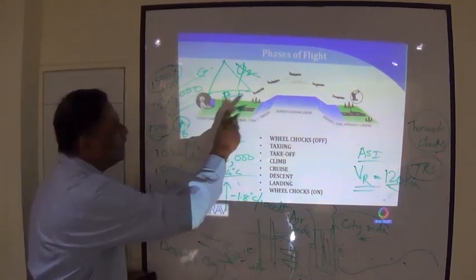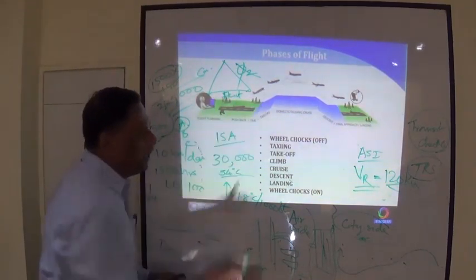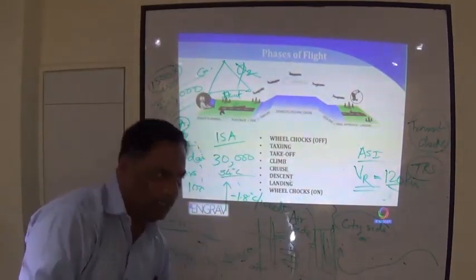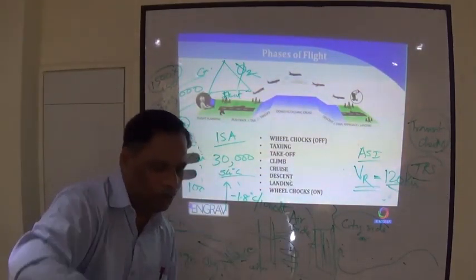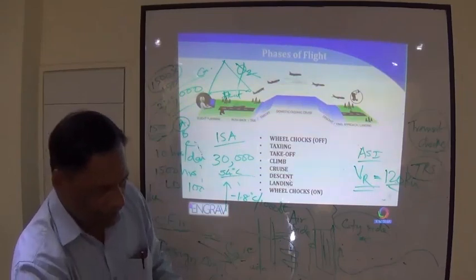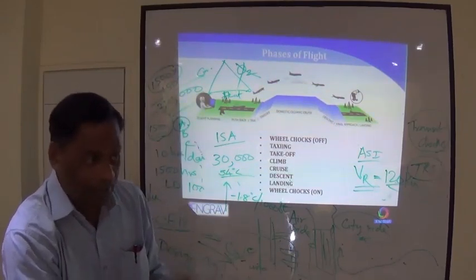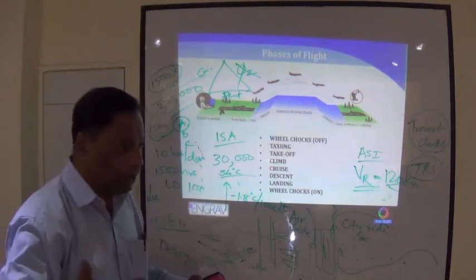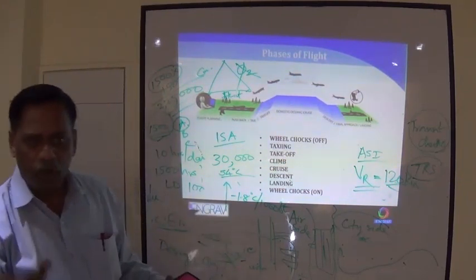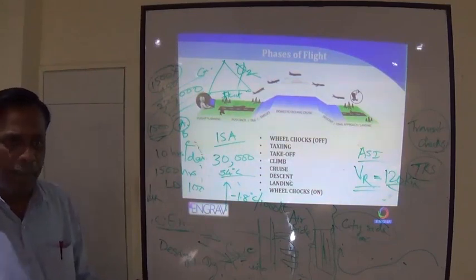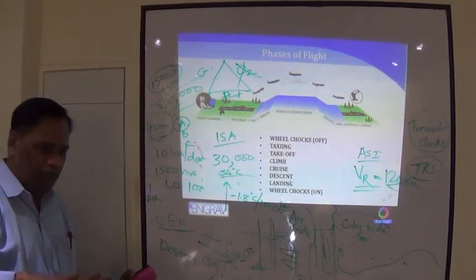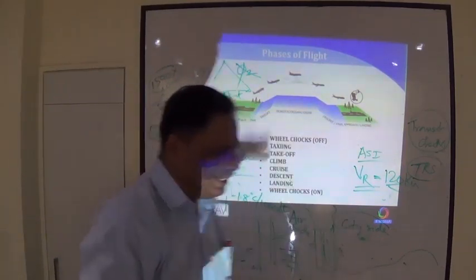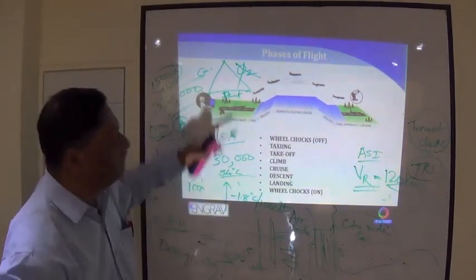Both crash fire tenders were going at speed, putting foam onto the runway, because at some stage he would have to drop his right side, and that wheel axle is metal, at high speed. He's coming at 200 nautical miles per hour, which is almost 250 kilometers per hour. If this metal goes onto the runway at that speed, there will be sparks, and these fuel tanks are generally on the wings.